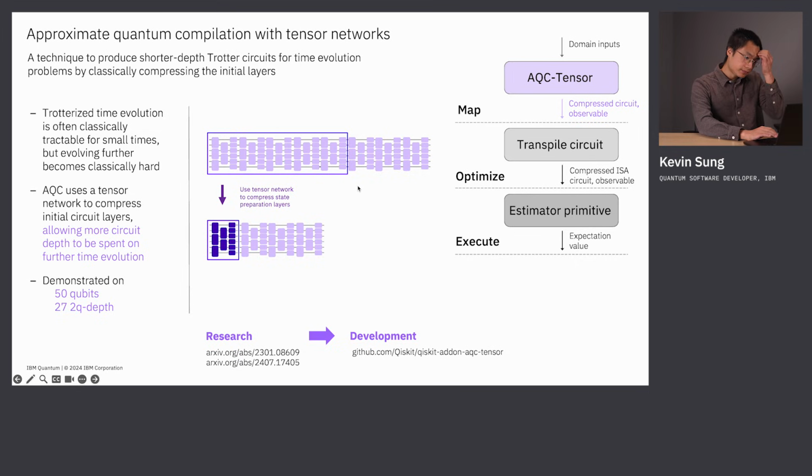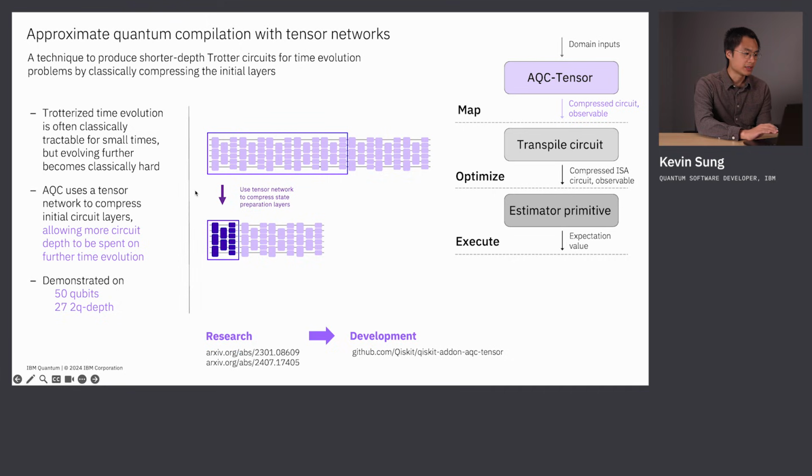Now, one of the main use cases for this technique is trotterized time evolution, and so this is the example that we're going to go through in the tutorial. One thing to note is that the way we're going to compress the circuit is by using tensor network simulation.